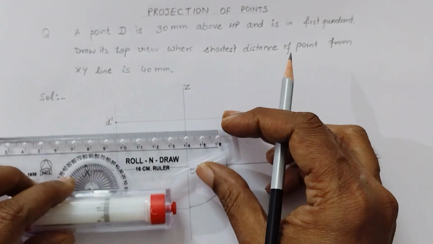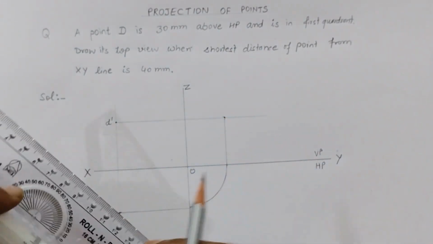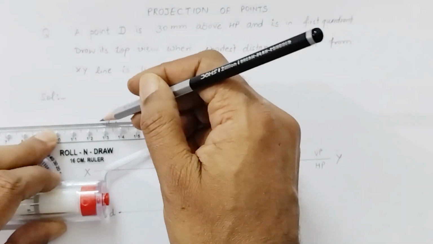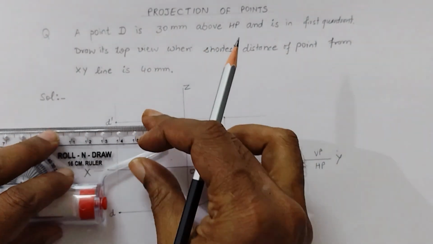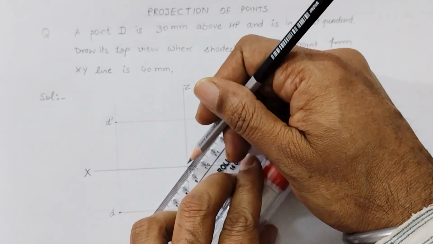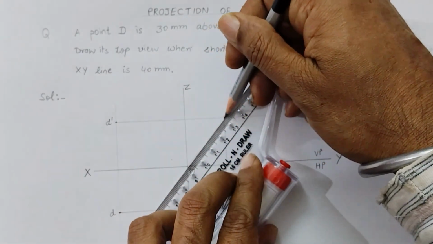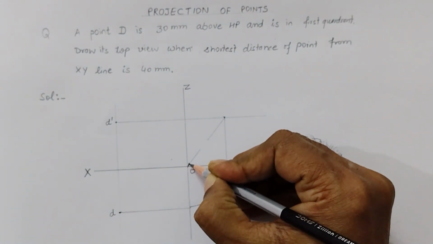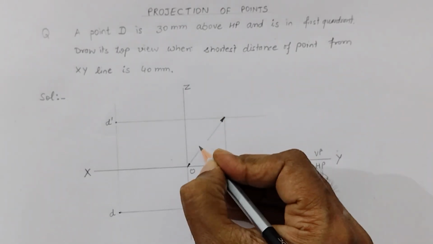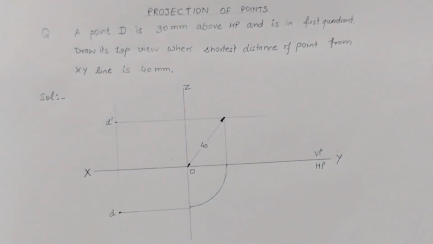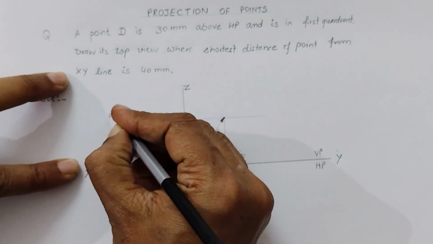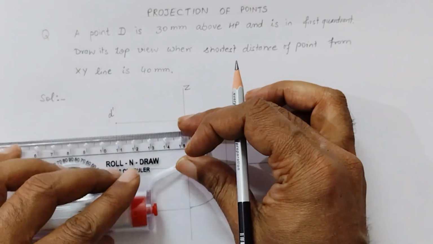After this we will dimension this. As this distance is given as 40 mm, we will mark it here at some distance so that we can draw the extension line.